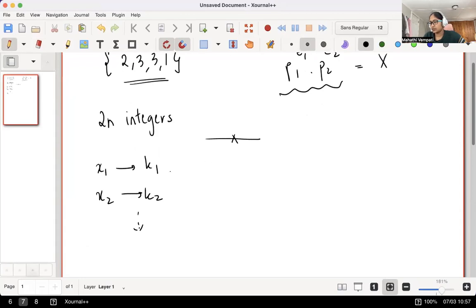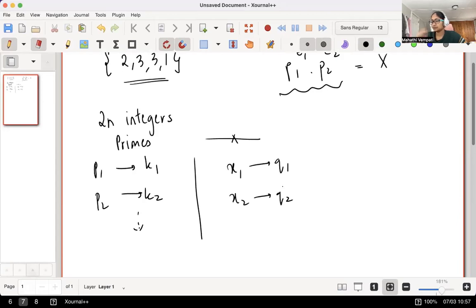Let these be the primes: P1 occurs k1 times, P2 occurs k2 times. So these are the primes. And then you have the non-primes, say x1 occurs q1 times and x2 occurs q2 times, and so on. So primes and non-primes.